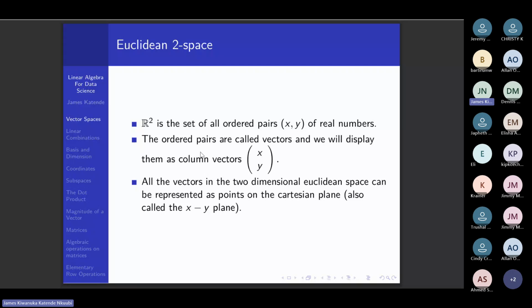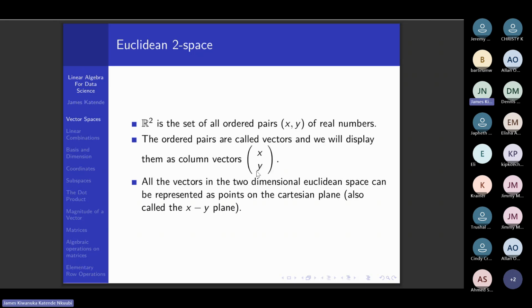So we shall call these ordered pairs vectors, and instead of writing them as a row, x and y separated by a comma, we shall write them as a column instead. So we shall choose to represent our vectors as columns. There are other cases where vectors are represented as rows, but throughout our course, a vector will be assumed to be a column vector in this form.